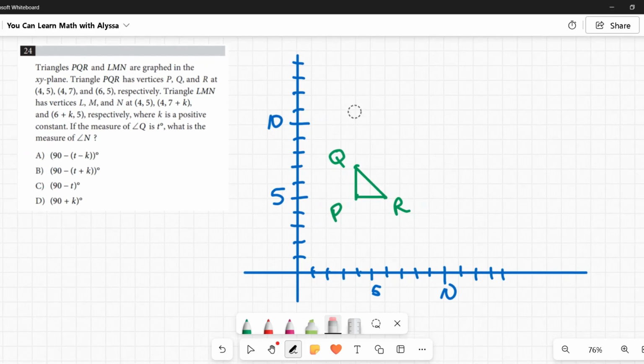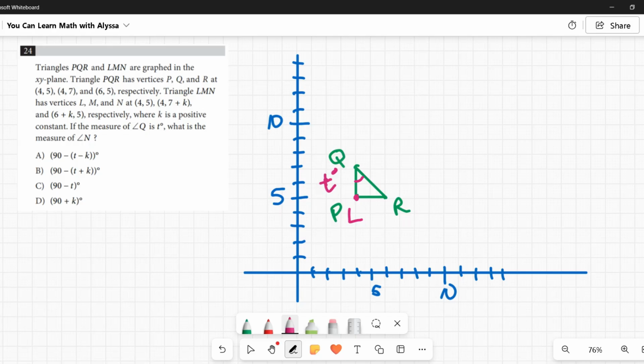They want to know the measure of angle N in this other triangle, LMN, whose exact dimensions we do not know. We know point L is at (4, 5) as well, so it's at least touching triangle PQR. And we're told angle Q is t degrees.